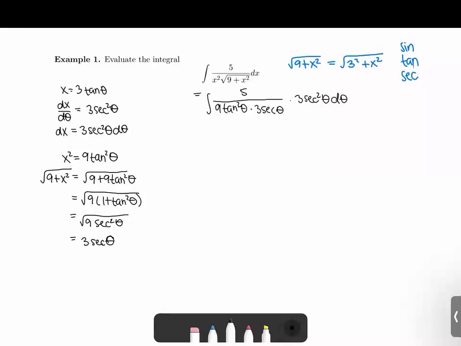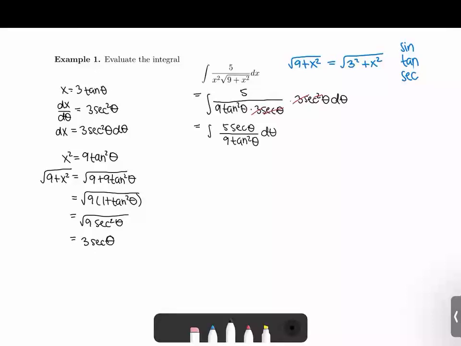There's a lot going on in this rewriting. First, one secant on the bottom cancels with one on the top, and my 3's also cancel. So I rewrite this as one fraction: on top 5 secant theta, on the bottom 9 tangent squared theta, and then a d theta at the end.